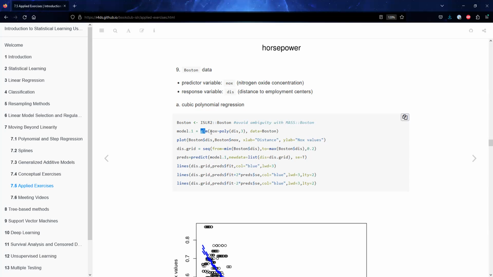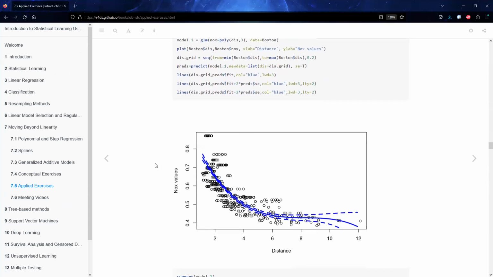All right, so we're going to look at a generalized linear model, response and predictor, maybe a degree 3 polynomial. And we have this behavior so far. A degree 3 polynomial arguably does a good job summarizing the relationship between pollution on the vertical axis and the distance to employment centers on the horizontal axis.